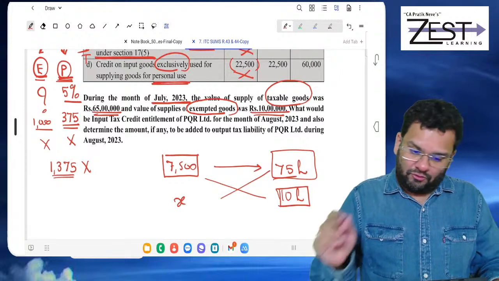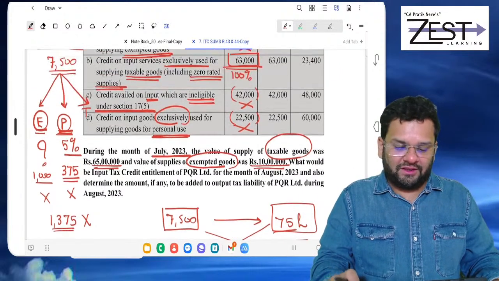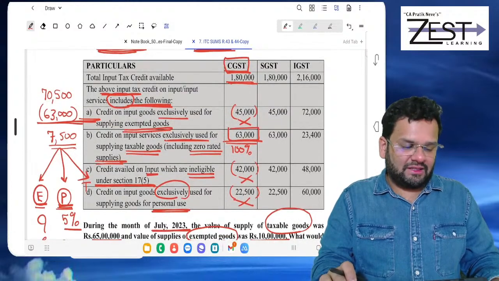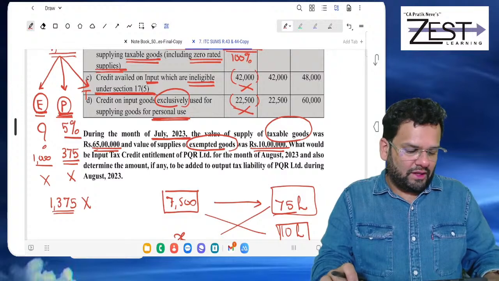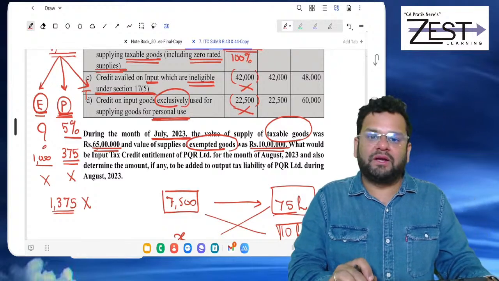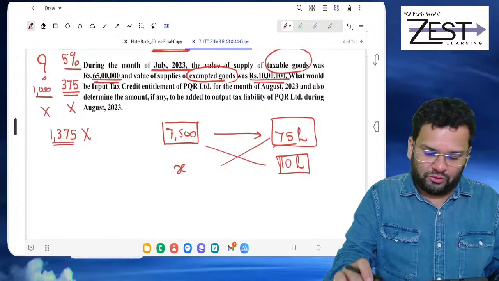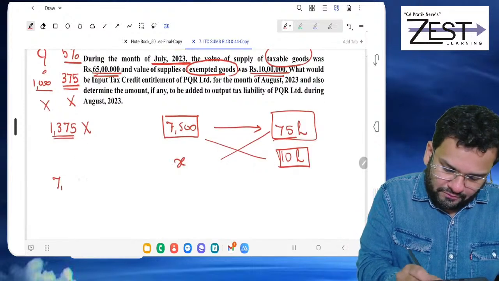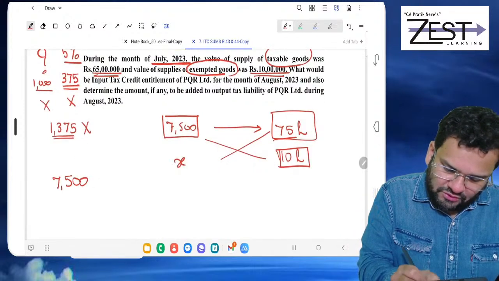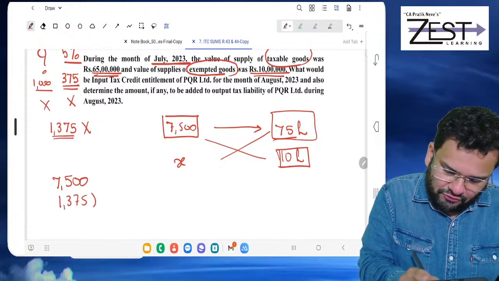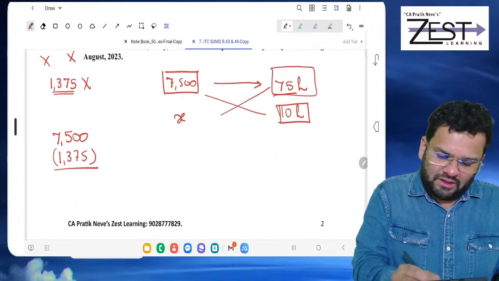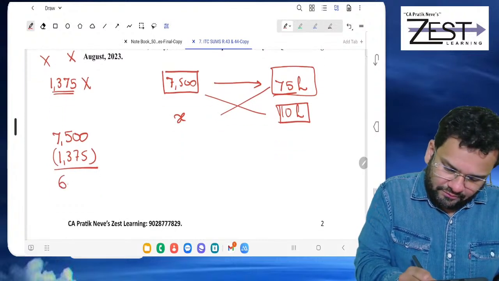Okay, wonderful. So do one thing, take on your calci: 7500 minus 1375, because that will not be allowed. So if you do 7500 minus 1375, can you tell me how much is allowed?